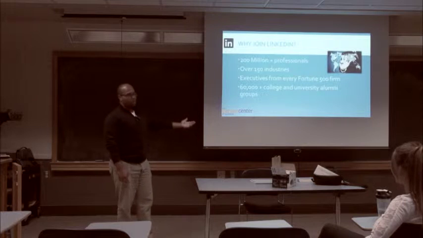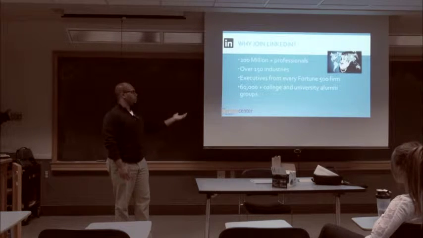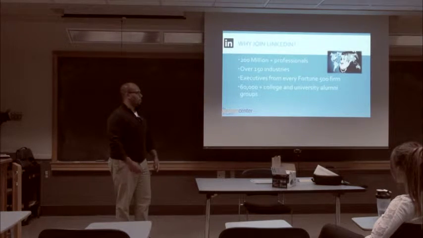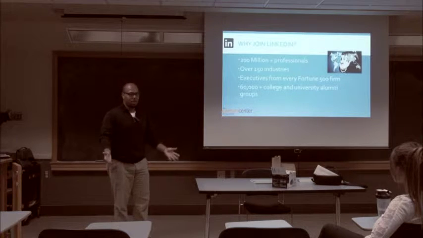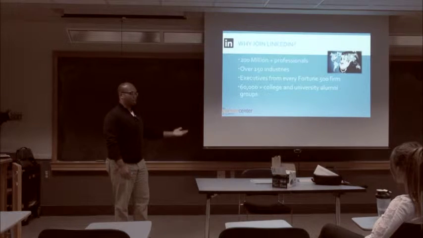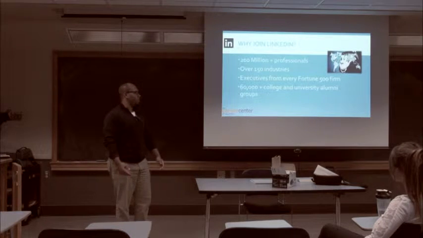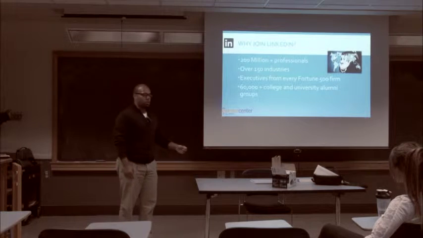So as you can see, LinkedIn has 2 million plus professionals on there. It's over 150 industries. So Microsoft, Apple, almost any company that you know or think of is probably on LinkedIn. Executives from every Fortune 500 firm are on there, and 60,000 plus college and university alumni groups are on there too.